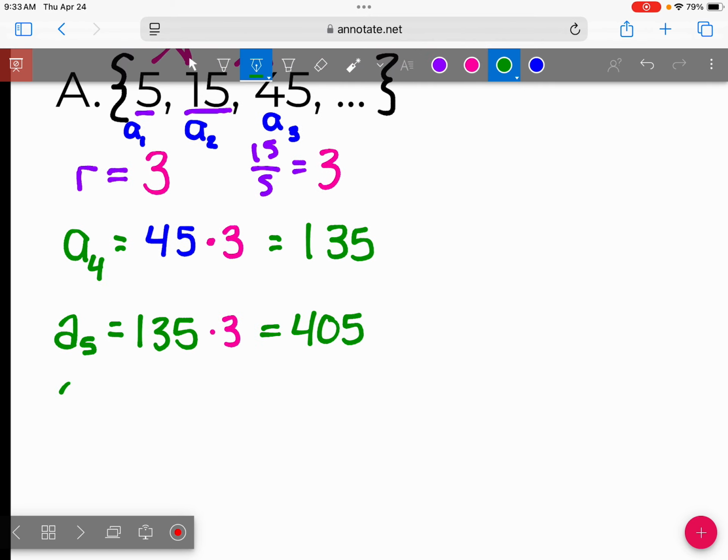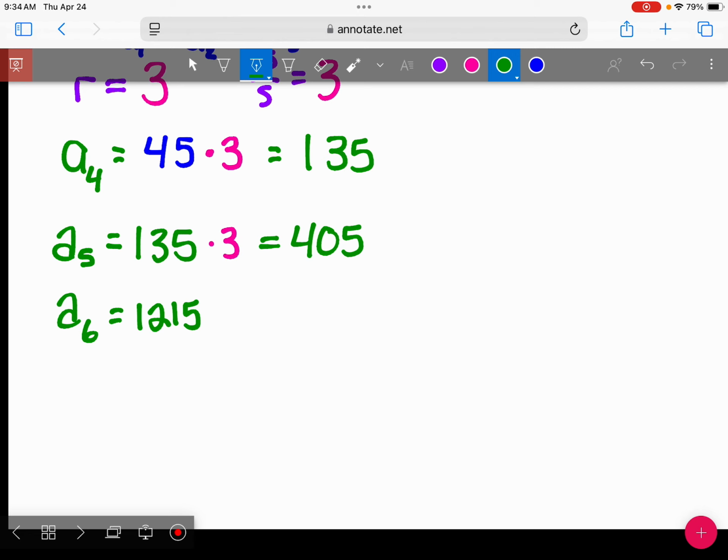So what are we going to get for our a sub 6? A big number. Luckily, calculators exist. It's our 405 times 3. 4 times 3 gives us 12, 5 times 3 gives us 15. So 1215. That's a big number.